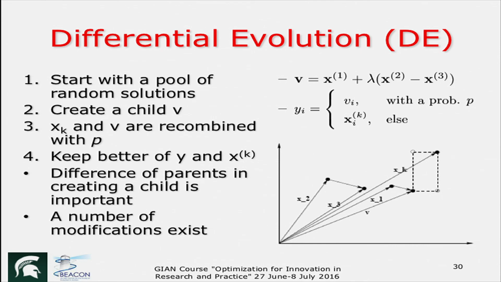But in GA, you don't have that option. But GA also has a steady state version. You could also do any of the GAs I talked about in a steady state manner. One child at a time or two children at a time you create by SBX, and you enter them into the population. And then shuffle it and again do selection and choose two. So the advantage of the steady state is, if you've created a good child, it can immediately become a parent and start contributing in creating better ones.